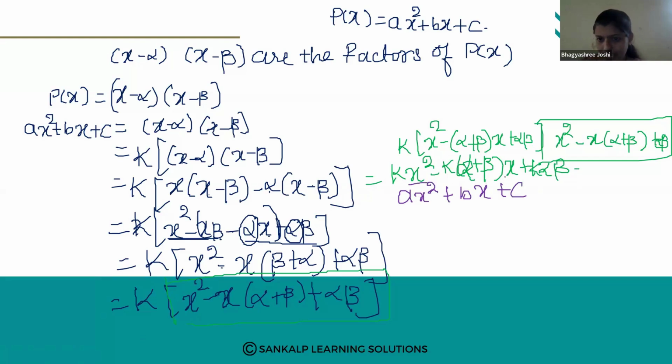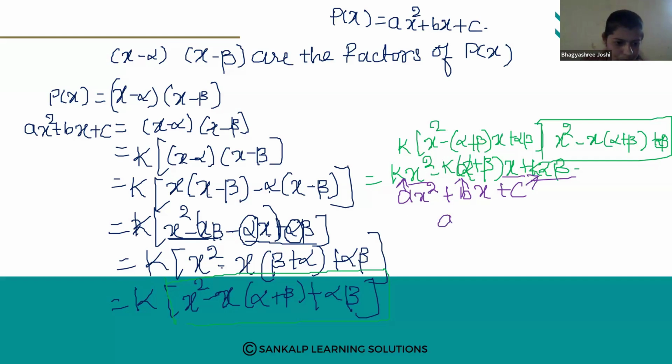Here x square is there, here x is there, and here one constant term is there. So a means what here? A means k, b means k into alpha plus beta, and c is k into alpha beta.